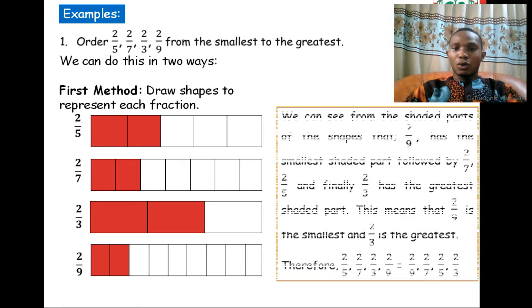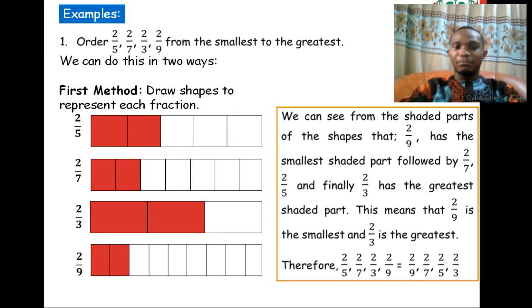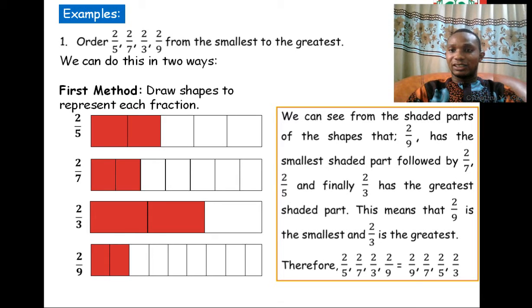Now, we can see from the shaded parts of the shapes that 2 over 9 has the smallest shaded part, because when you look at 2 over 9, we still have a lot of empty unshaded parts there. Then 2 over 9 has the smallest shaded part, followed by 2 over 7, 2 over 5, and finally 2 over 3.